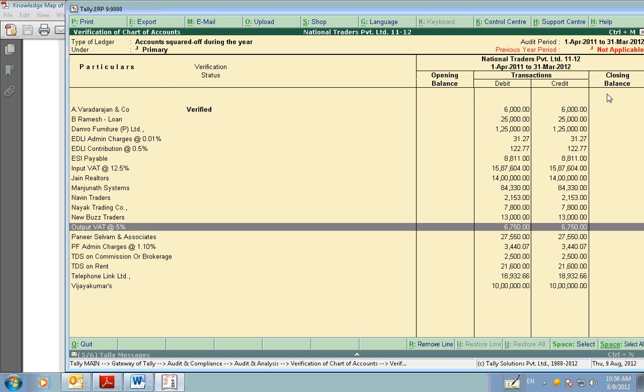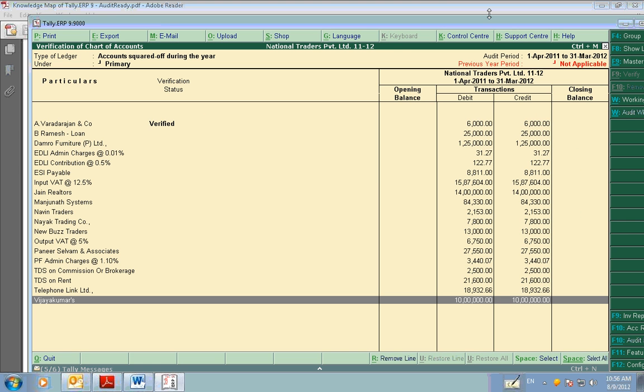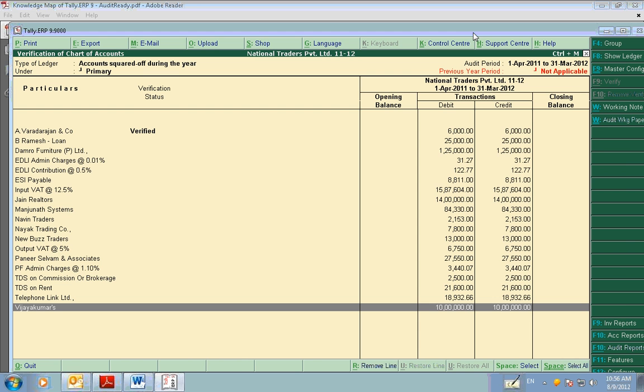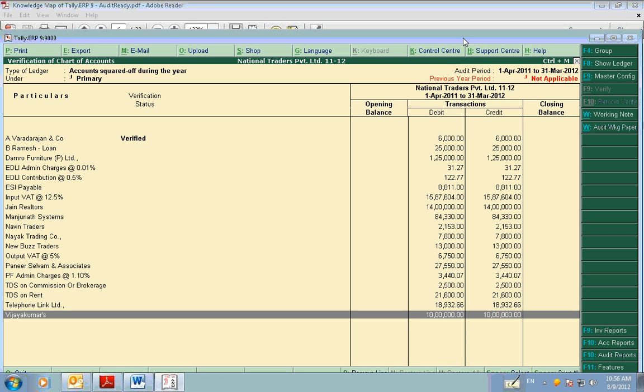Enter. If you see, these are the transactions or the masters which are holding the transaction amount. Can you see this? The entire transaction amount which is not having any opening or closing balances.